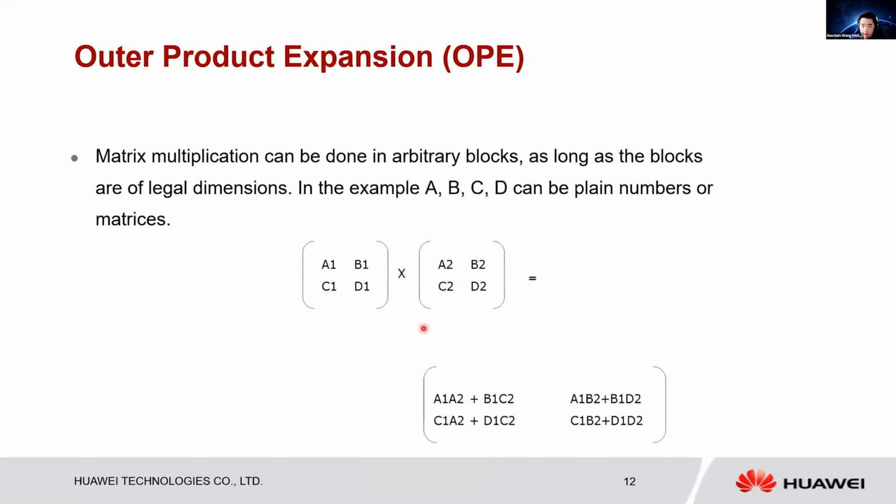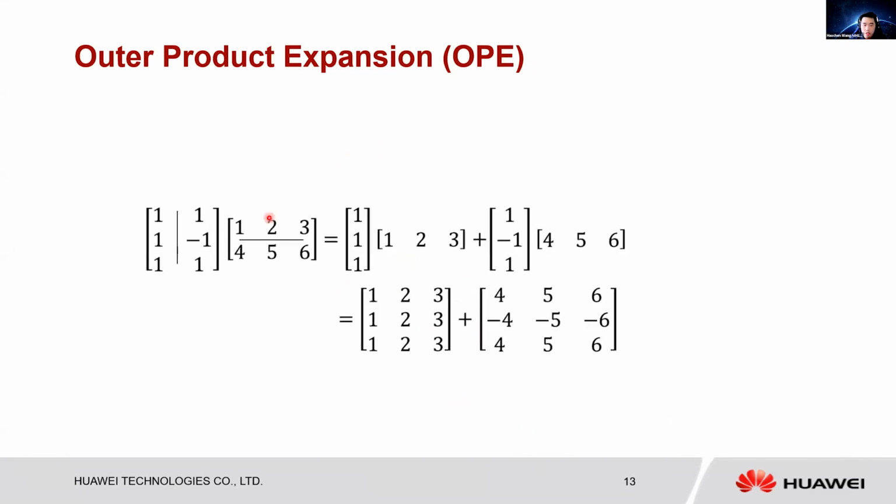In this little figure that shows matrix multiplication, each of these elements can be just a scalar, but they can also represent blocks, because matrix multiplication can be done in arbitrary blocks as long as the blocks themselves being multiplied are of legal dimensions. So outer product expansion is nothing more than a special blocking scheme.